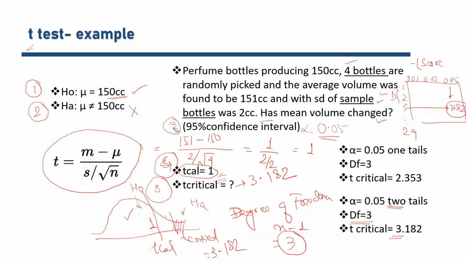Any question? I will go through it again if you have any question. The formula and the entire background is the same for Z test and T test. The only difference is that in T test, you have less than 30 samples, and you don't know the standard deviation of the population.